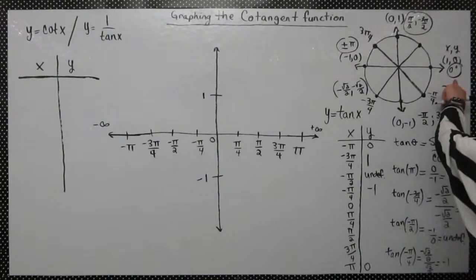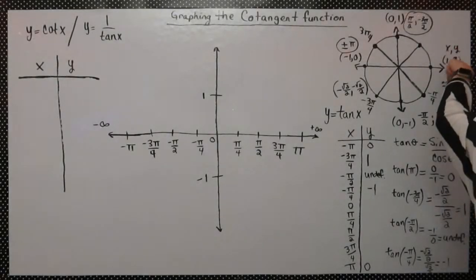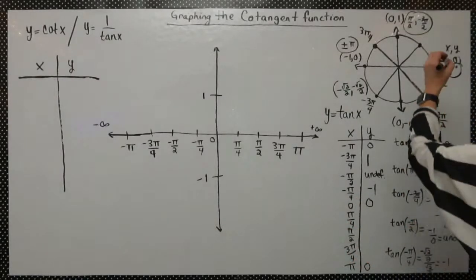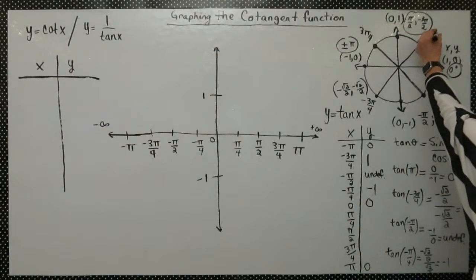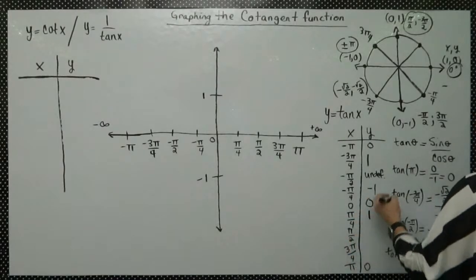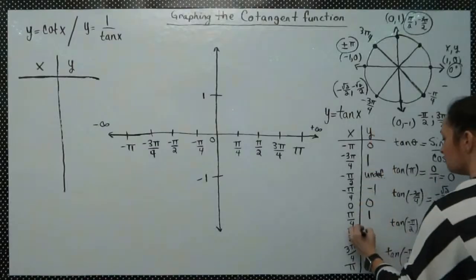And then 0, we have 0 over 1, which is 0. And then pi over 4 is positive. So that's going to be positive 1. And then positive pi over 2, we have 1 divided by 0, undefined.